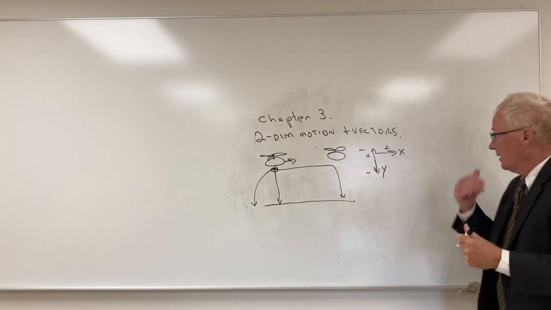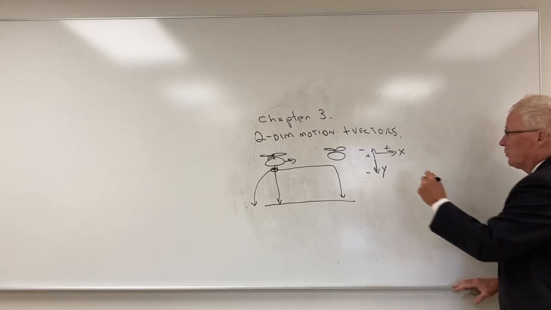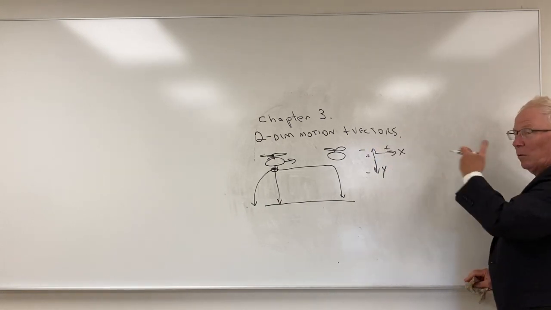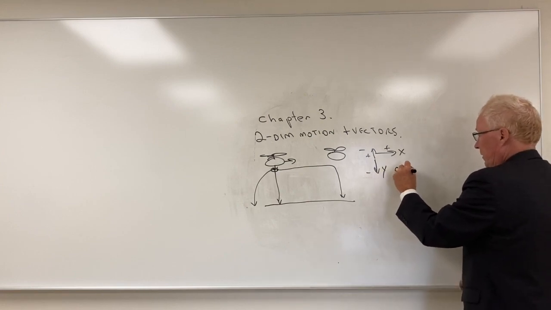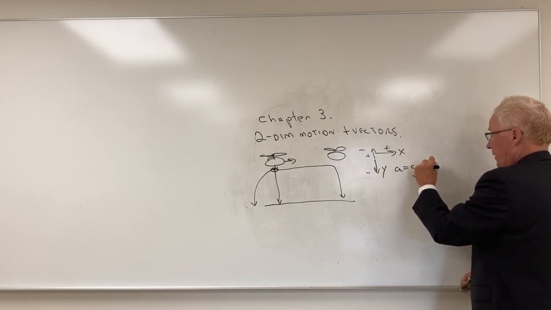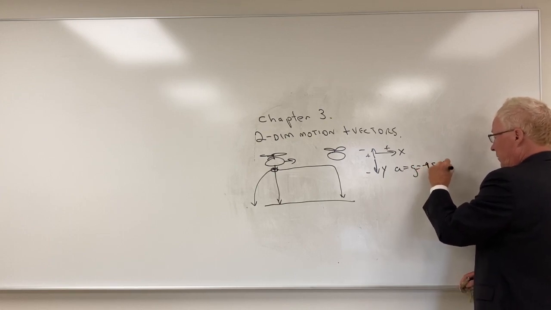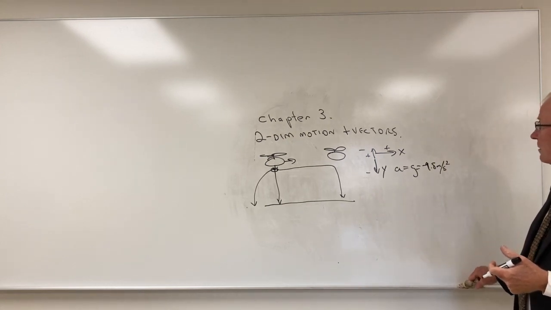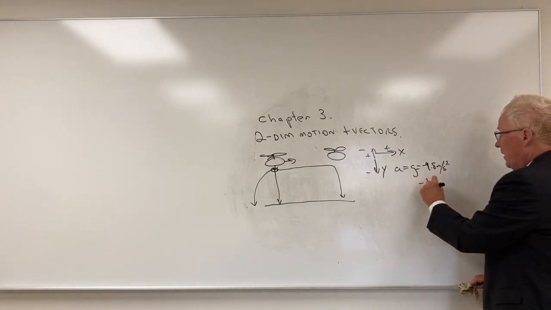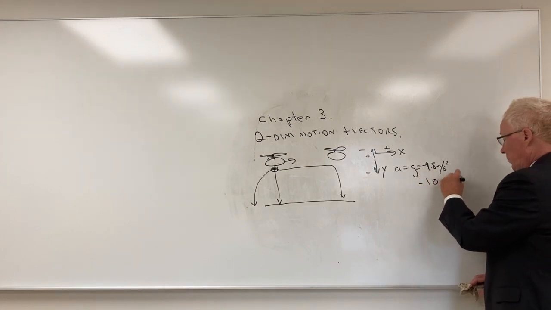But the difference between these is in the x direction we have no force of gravity, but in the y direction acceleration is g, which is minus 9.8 meters per second squared, but for a lot of the problems I do, we'll be using g as minus 10 meters per second squared.